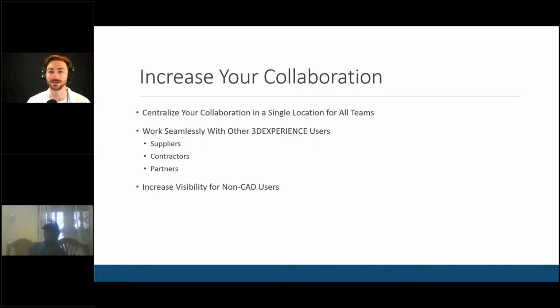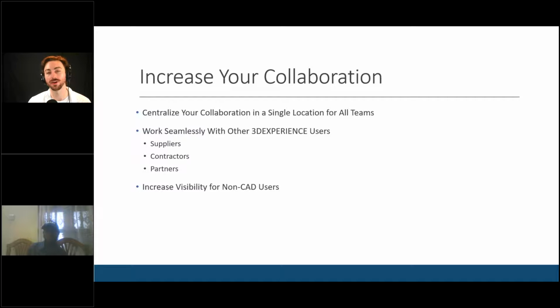You can add suppliers to your platform and give them access to only the release data that they need to see. You can add contractors to your platform and have them help out, give them access to data, and then remove them. Or if you're a contractor, you can offer that as a kind of playing card, that you have the 3DEXPERIENCE platform. You can just invite me if you're also on the platform.